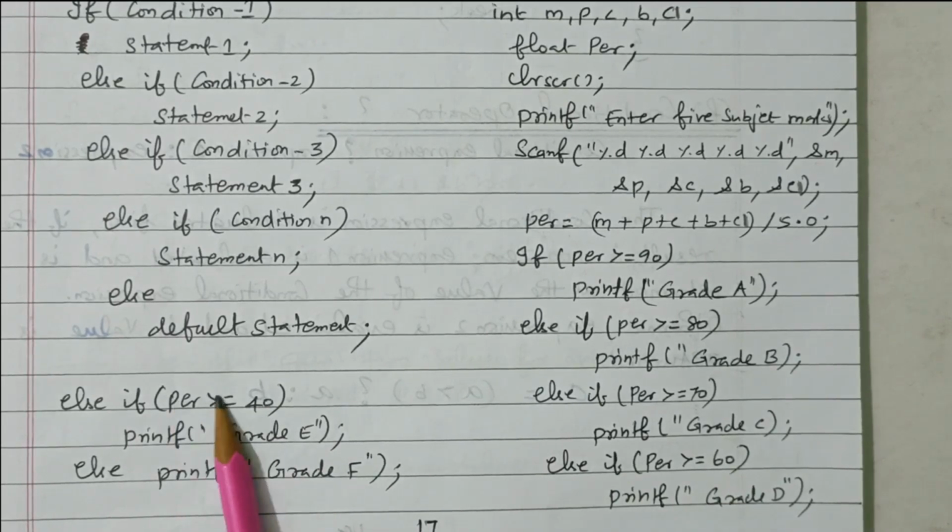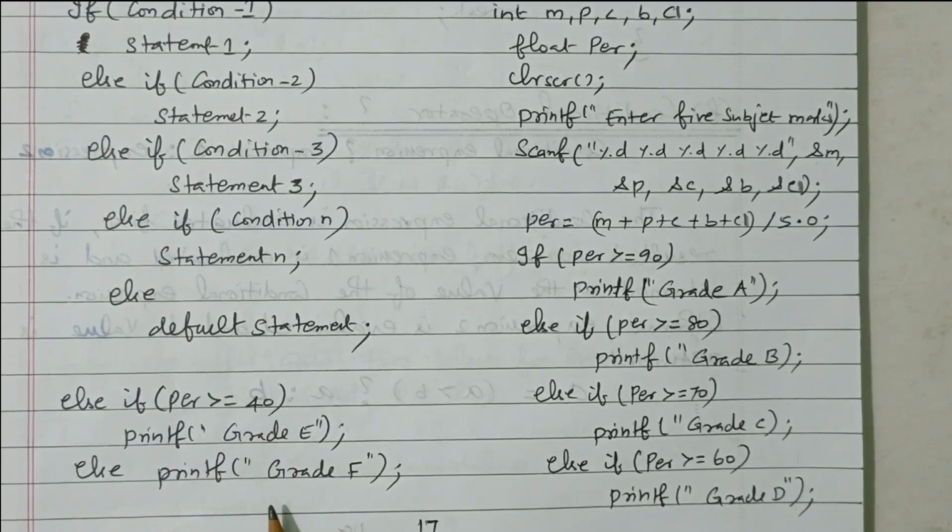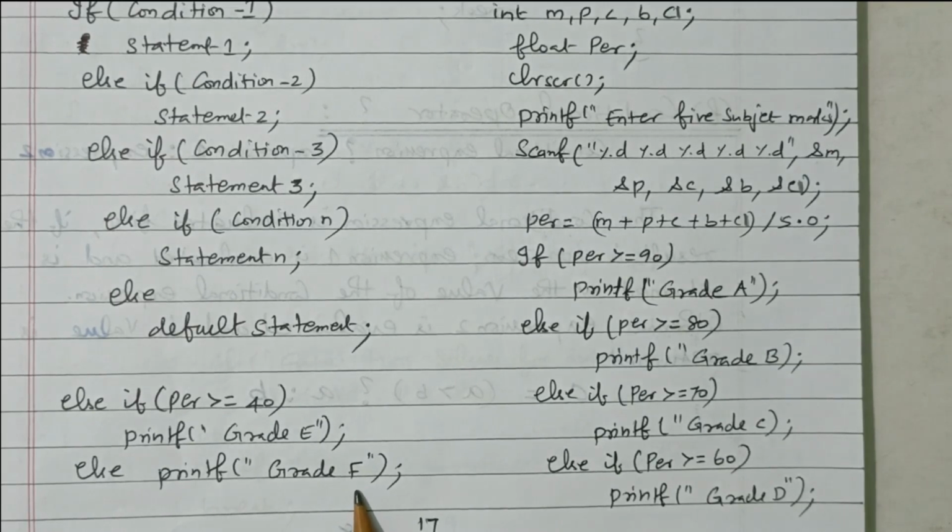Suppose this condition is also false. If it is less than 40, the grade is F, that is fail. The student has not passed the subject, not passed the course, is in the failed case, right? Grade is F.